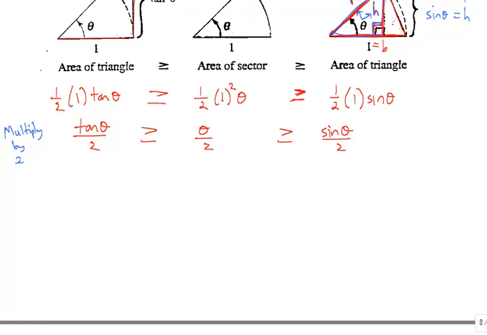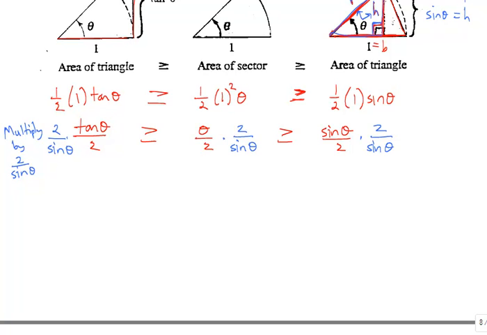So we're going to multiply each piece by 2 over sine theta. And as long as we're multiplying every piece of that inequality by the same thing, it stays equivalent, so we're not changing the truthfulness of this statement.